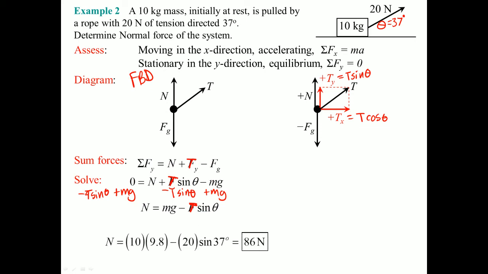Plugging it in, you should still get the same answer. m is 10, g is 9.8, the tension force is 20, and the sine of 37 gives 86. The normal force here is 86 newtons.